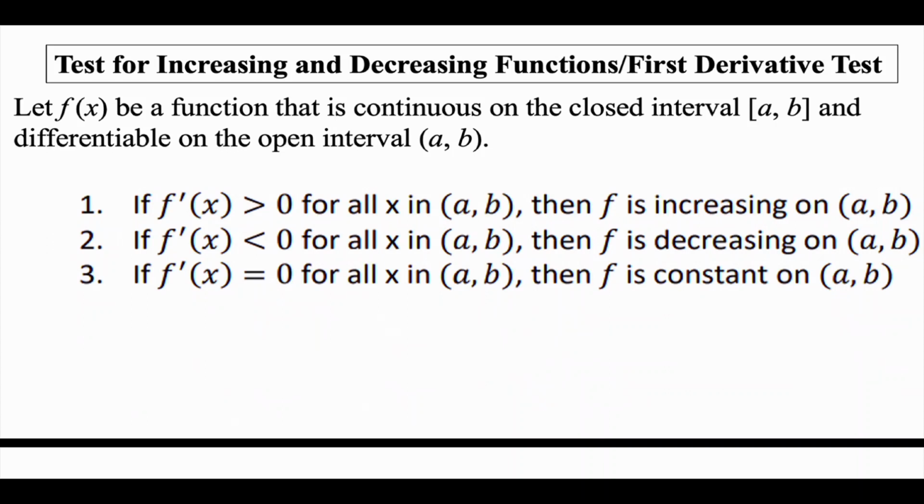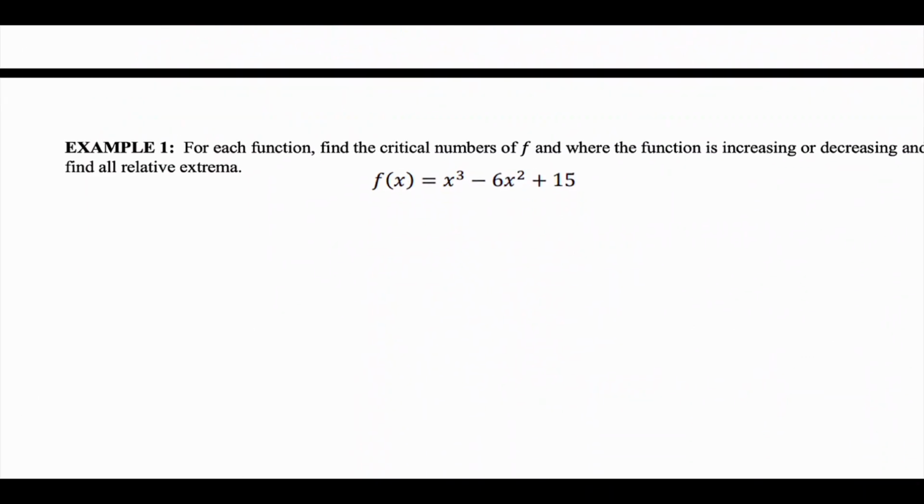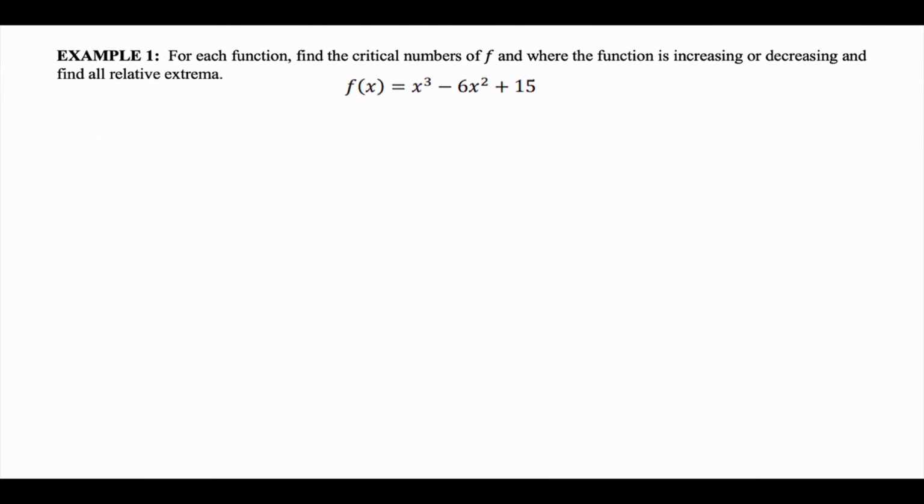Where is the function increasing? Where is the function decreasing? So let's look at example number 1. Go to the backside. They don't give me a picture, so I don't have a picture like I did earlier. I have to kind of see what's going on.